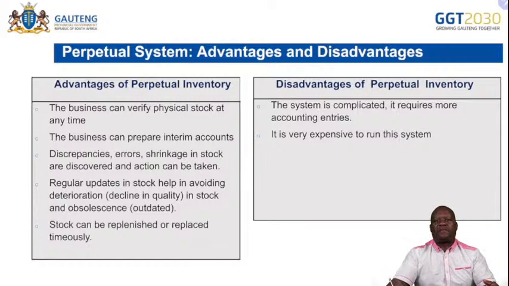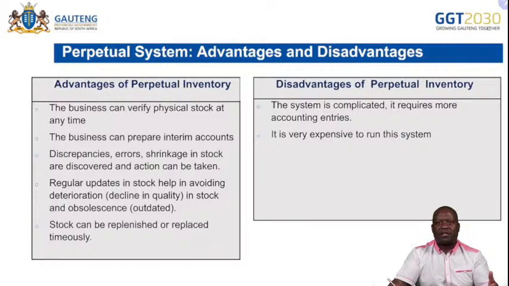You cannot have this system running without computers. You can't have this system running without scanning equipment, without you continuously updating your computer programs and everything. So it means more costs are there for this method to work.